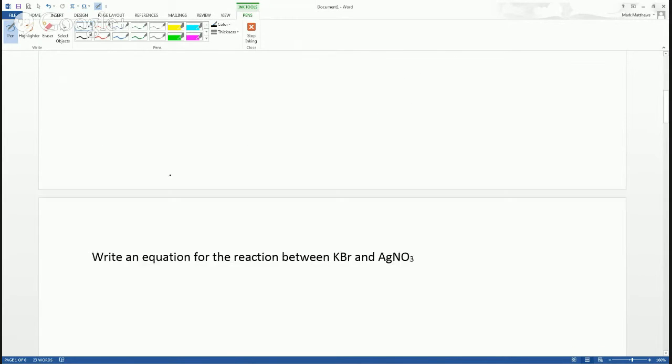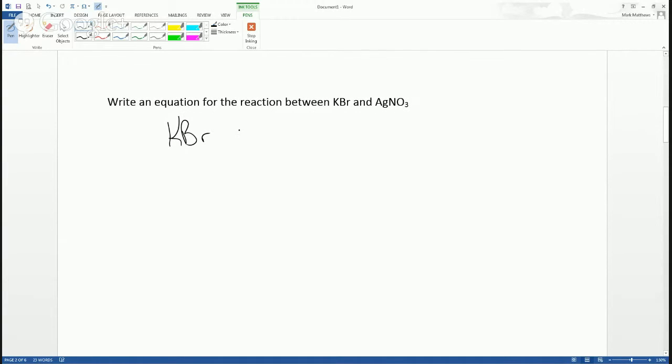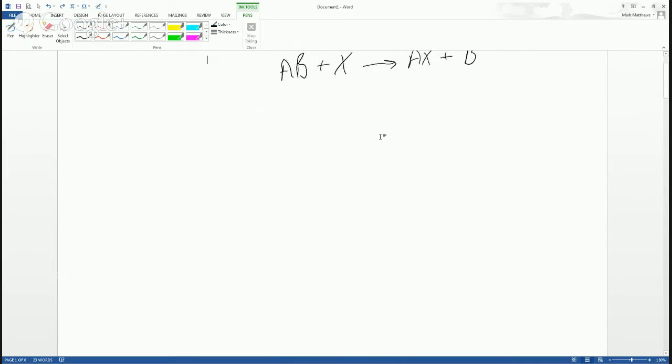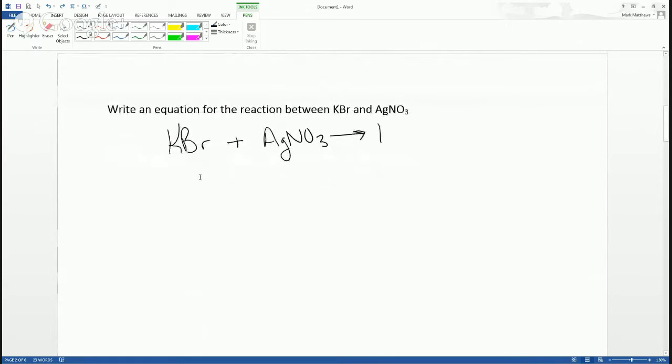But let's say, for example, you have the reaction between potassium bromide and silver nitrate. So our two reactants are KBr and silver nitrate, to give you... I'm actually jumping ahead a bit. To figure out our products, again, they're doing a displacement reaction. So these two ionic compounds are made up of two parts, the ions that make them up.